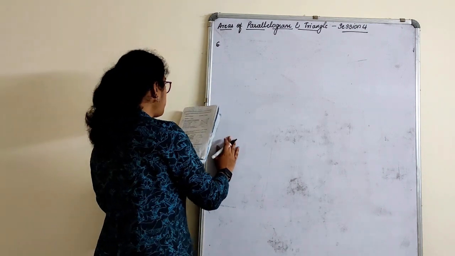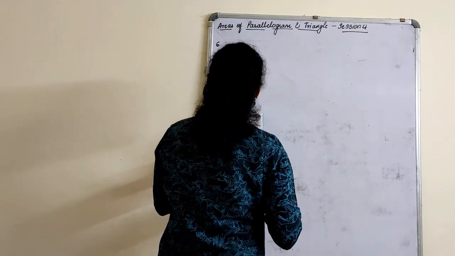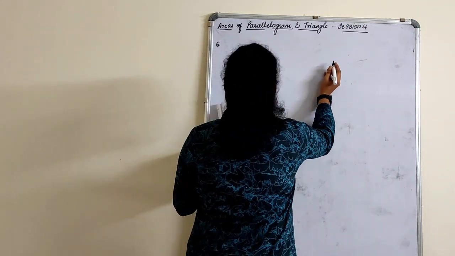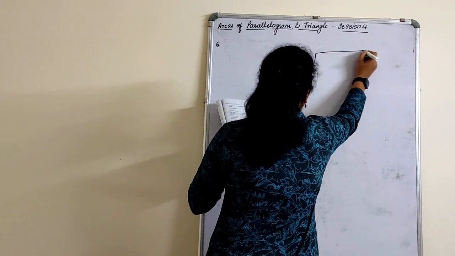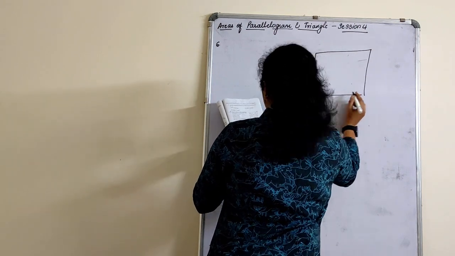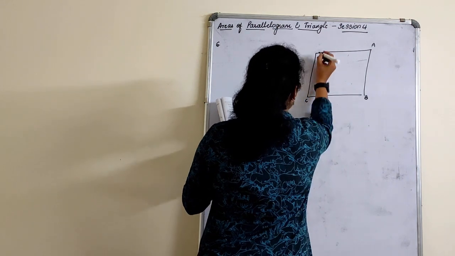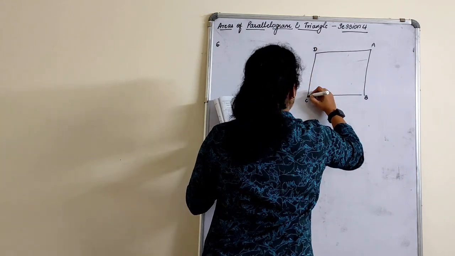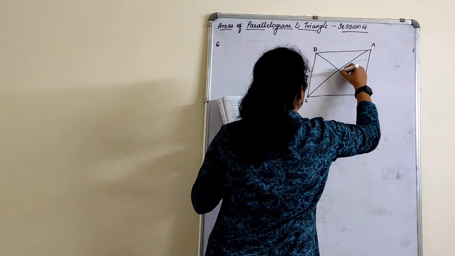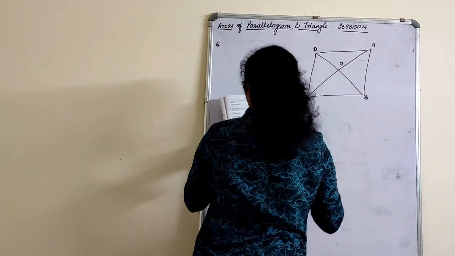6th one. Diagonals AC and BD of a quadrilateral ABCD intersect at O. So a quadrilateral is given, A, B, C and D, and the diagonals intersect at O. Right?